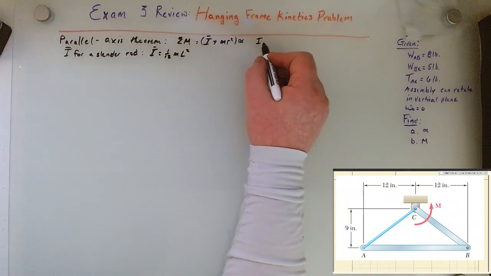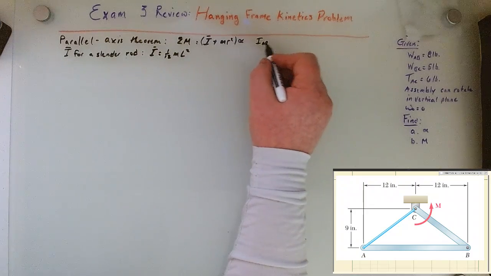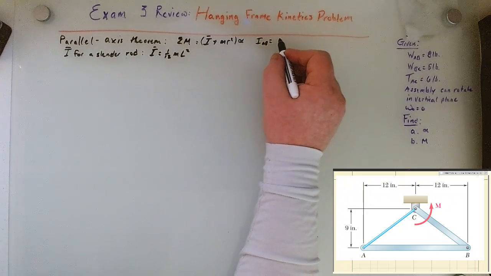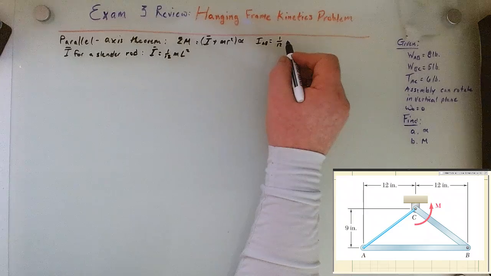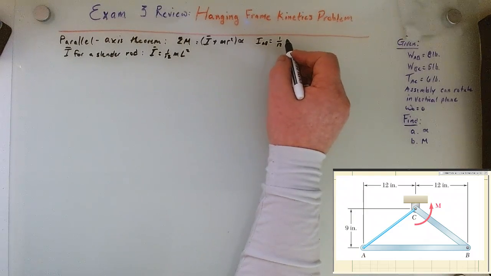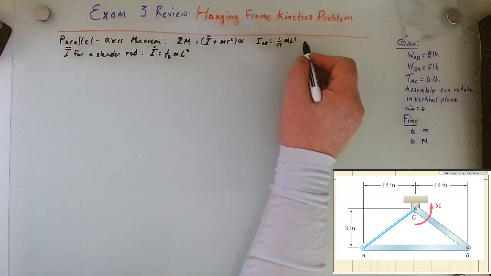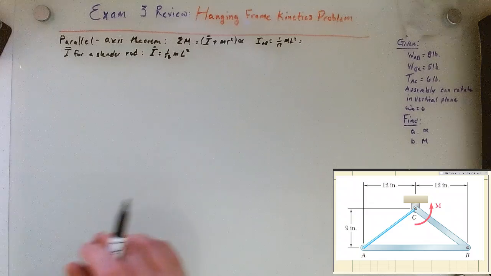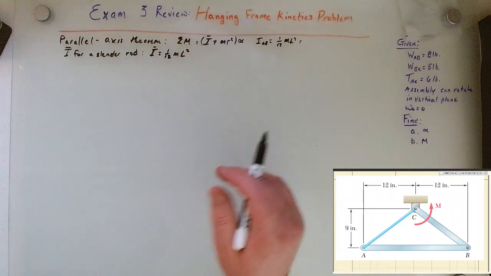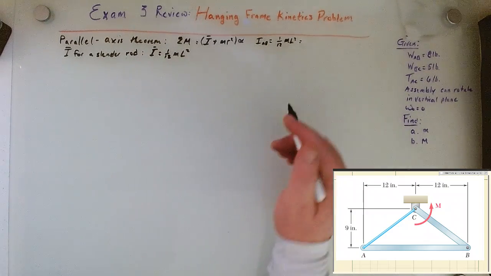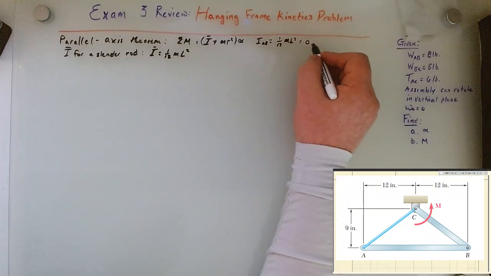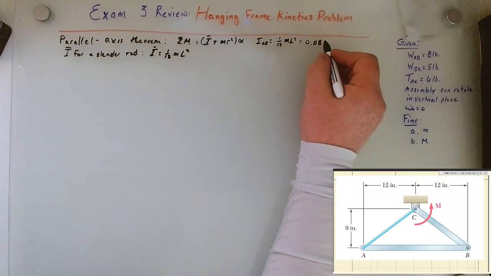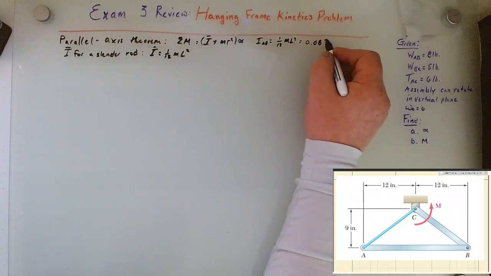I bar for AB is going to be equal to 1/12 times m l squared, and that is 0.082816.